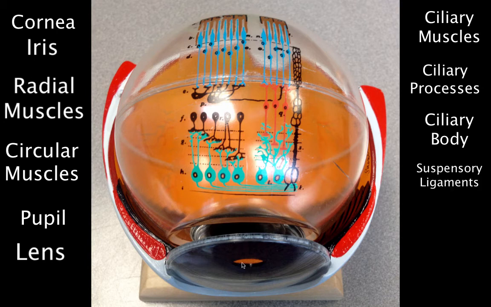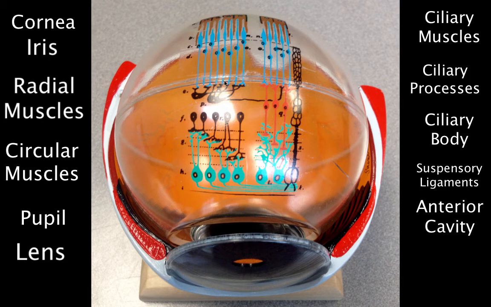From the lens forward to the cornea is a part of the eye known as what? That's known as the anterior cavity, and that is going to be filled with what type of fluid? That's going to be filled with a substance known as aqueous humor.